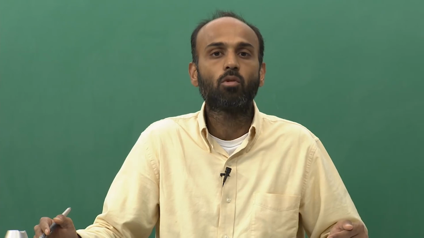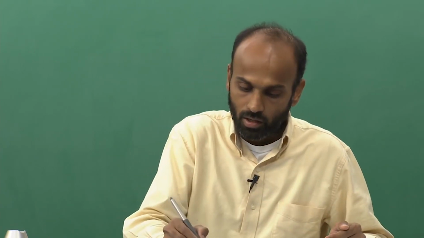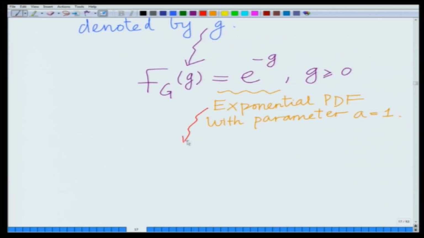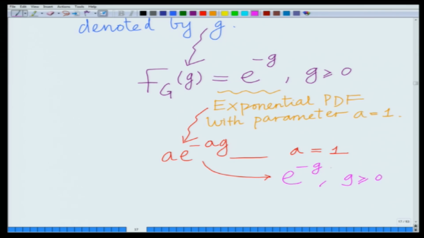Remember, in the previous module we had seen the exponential probability density function, which is a parametric distribution a e to the power of minus a g. If we set a equals 1, then what we get is e to the power of minus g for g greater than or equal to 0.